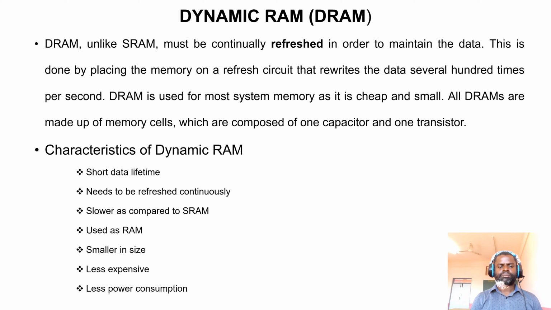They have a speed a little bit lower as compared to SRAMs. Smaller in size. They are most widely used. As they are less expensive, they are used in most of the memory systems. Then again, they consume less power.